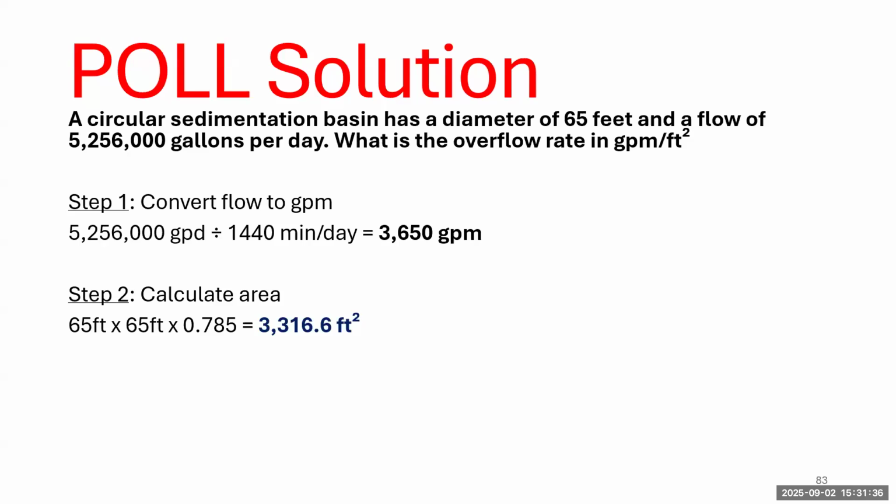The official equation for area is pi r squared. So 3.14 times radius squared. When you use diameter, diameter is actually radius times 2.